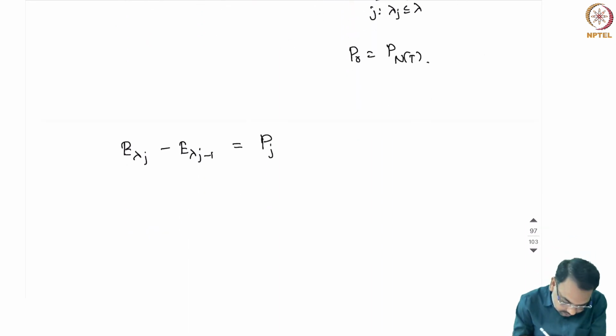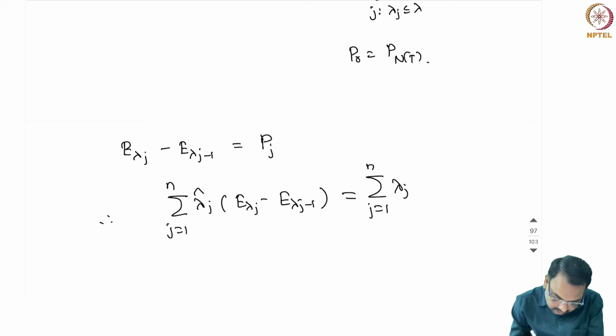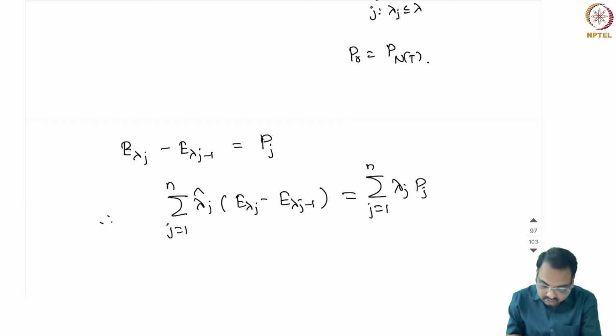Hence we can write down the summation j equal to 1 to n of lambda j times E lambda j minus E lambda j minus 1. This is nothing but the summation j equal to 1 to n of lambda j times the projection onto the null space of T minus lambda j.